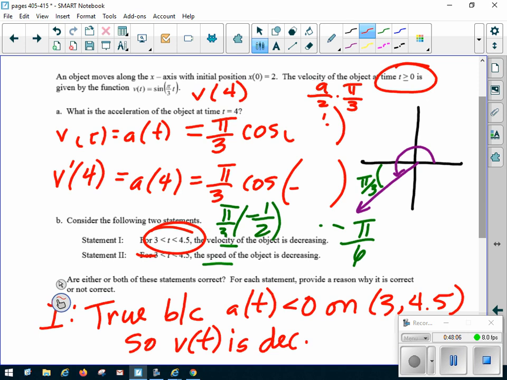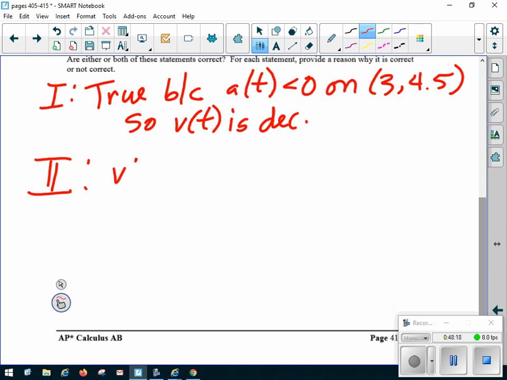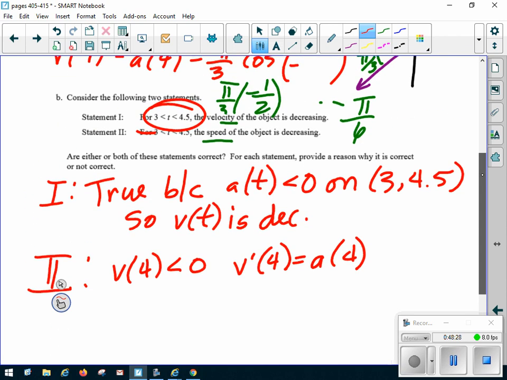What is v? Aha. So this would be sine of 4 pi over 3, right? That's negative. So I know v of 4 is negative. What's v prime or a of 4? Negative.